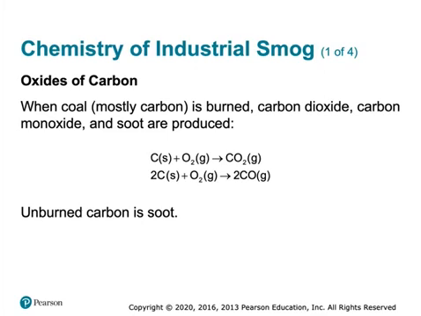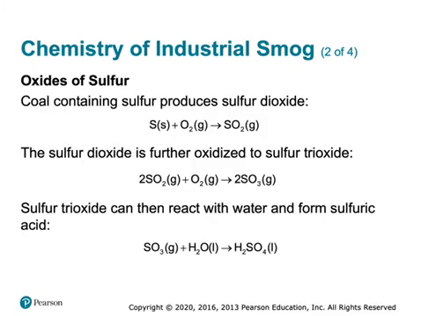If you've seen smoke coming out from a fire or a candle or something like that, this unburned carbon is soot. That is a particulate. They're tiny particles. And also sulfur dioxide is included in this. Sulfur dioxide is oxidized to form sulfur trioxide, and then reacted with water to form H2SO4, sulfuric acid. So the industrial smog also can contribute to acid rain.